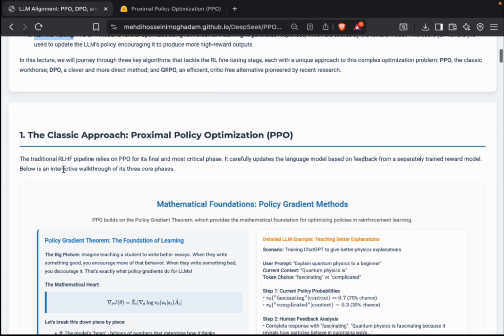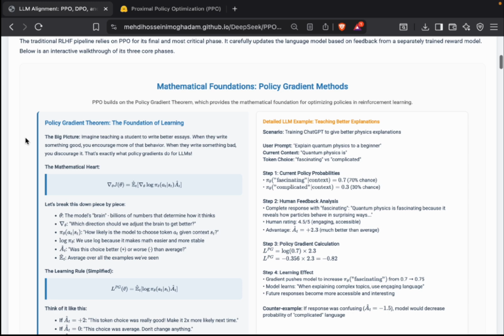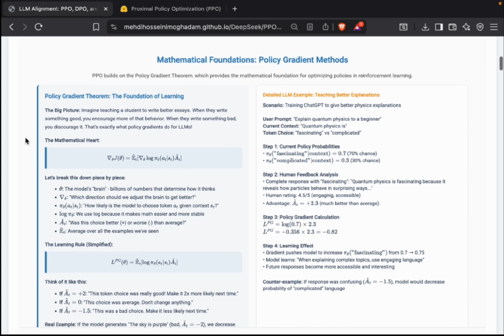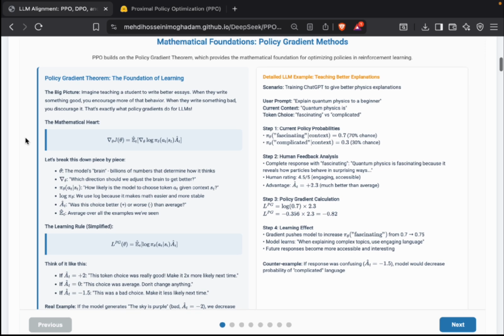So let's just quickly jump into the classic approach, which I think the paper is from 2017 or 18, and the method is called PPO, or Proximal Policy Optimization. Okay, but what does this PPO mean and what does it say?